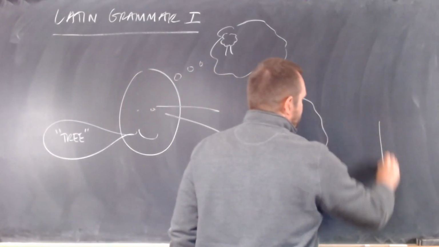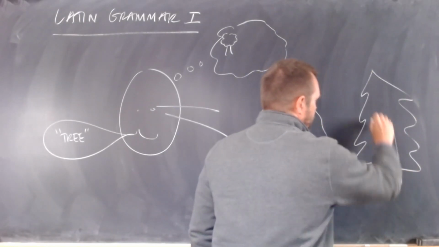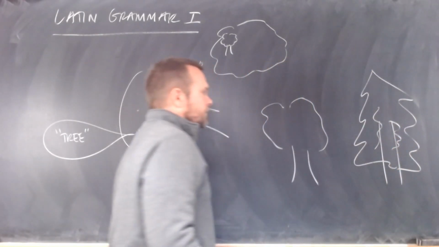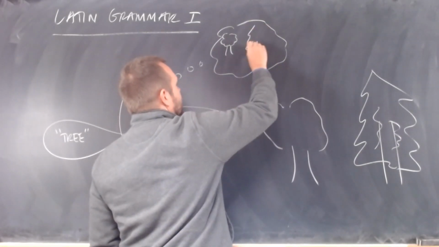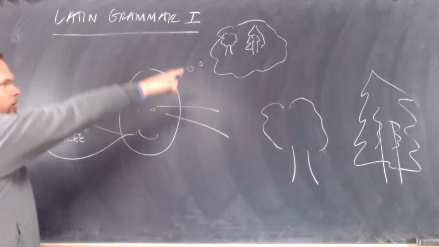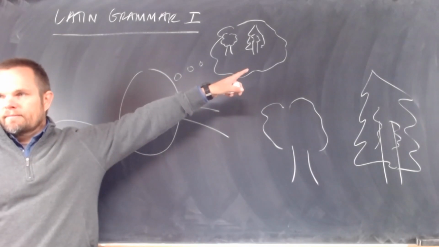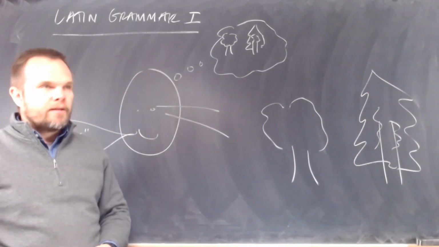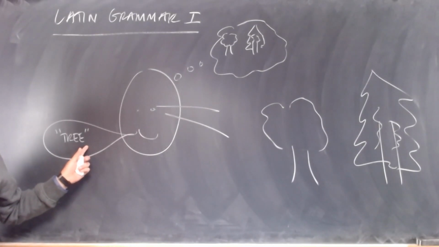Right behind this tree is another tree. And now you've got two images in your mind. And you call both of them with the same name, and they're obviously not the same thing. Right? They're obviously not the same thing, but you're calling both of them tree.